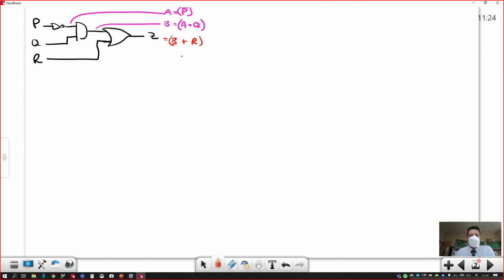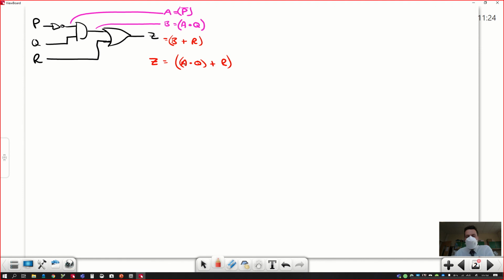Now, R's an input, but B isn't. B is an intermediate. I need to state Z only in terms of inputs. So I need to substitute in what I know B equals. Wherever I see B, I'm going to put brackets A and Q. So it's A and Q, or R. Notice the brackets.